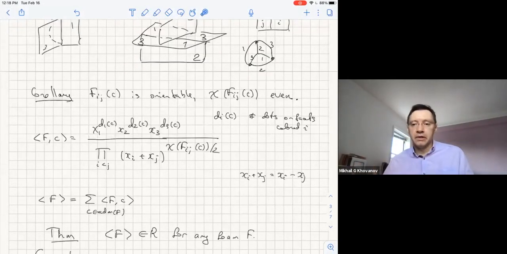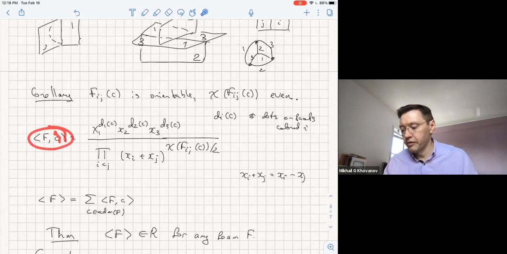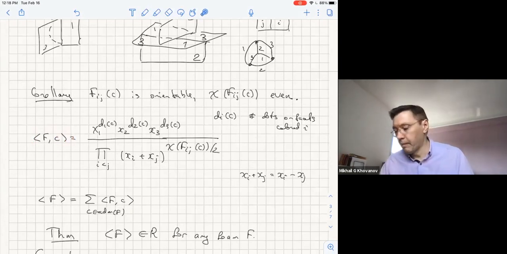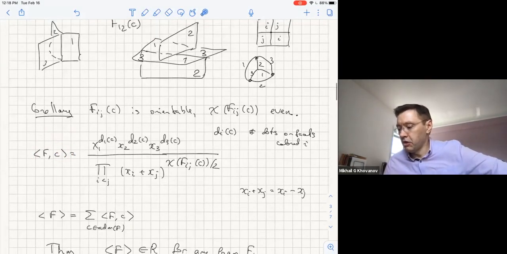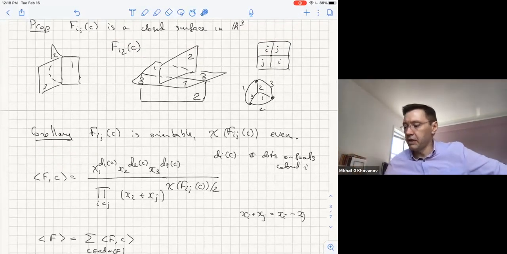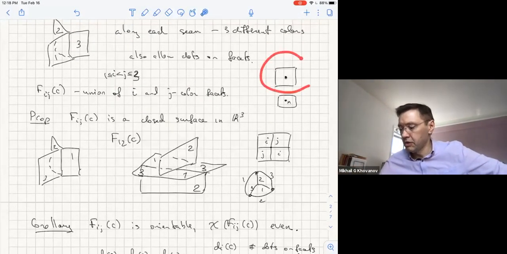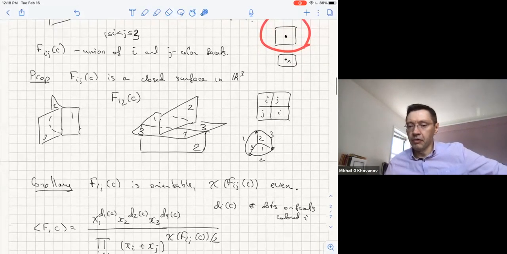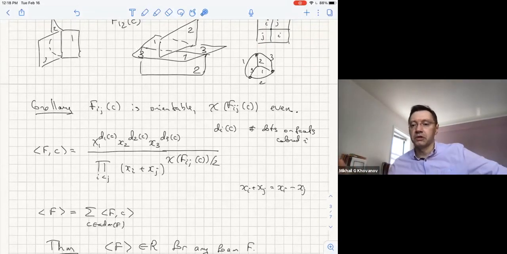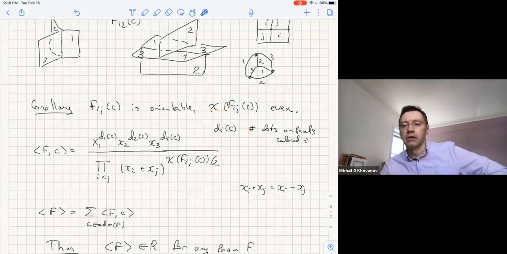So now let's assign a rational function in x1, x2, x3, three variables, one for each color, to a coloring C of the form F. So first we recall that facets may carry dots. So we just look at the number of dots on facets of each color, denoted by di. So di of C is the total number of dots on facets colored i, for i equal 1, 2, 3.